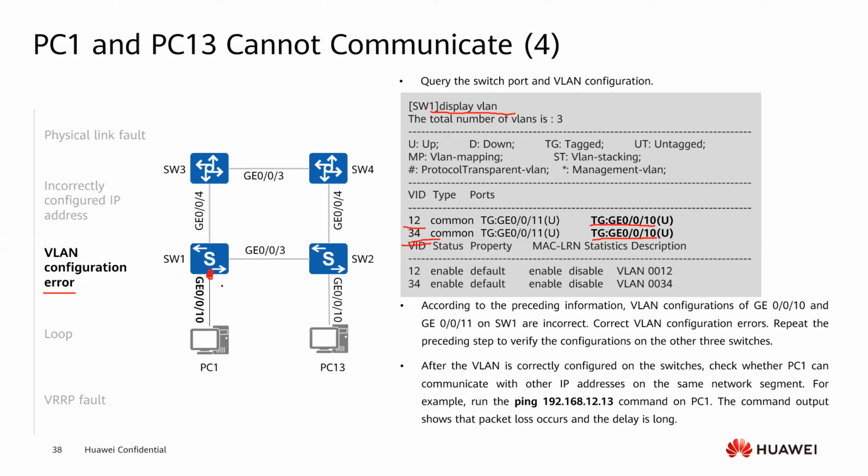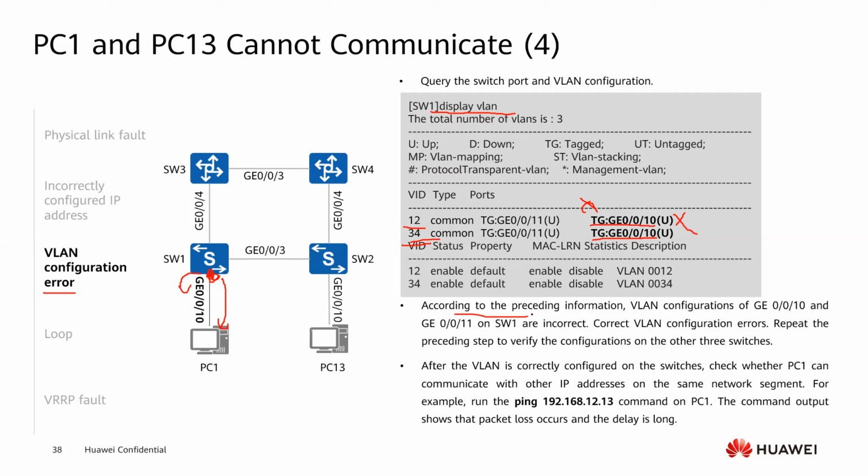Because this interface is directly connected to PC1, by default I think this interface must be set to access mode. So here I think it's wrong, because it's tagged. I think we should configure this interface with port default vlan 10. It may be untagged here.